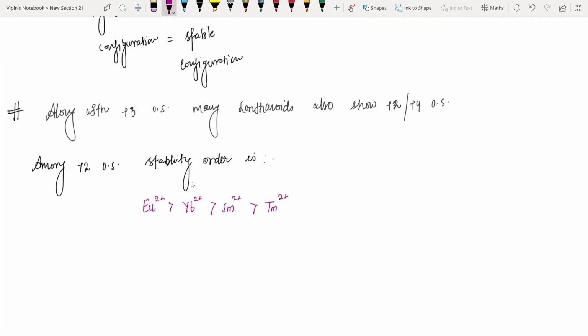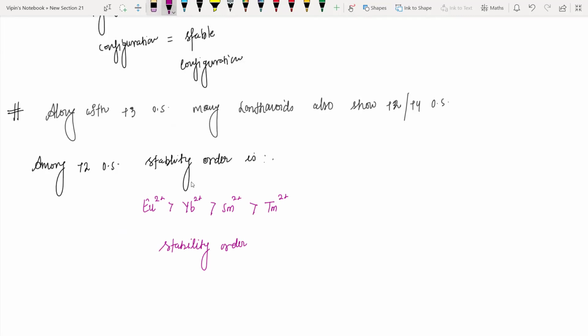This is the stability order of the plus 2 oxidation state in the case of lanthanides.